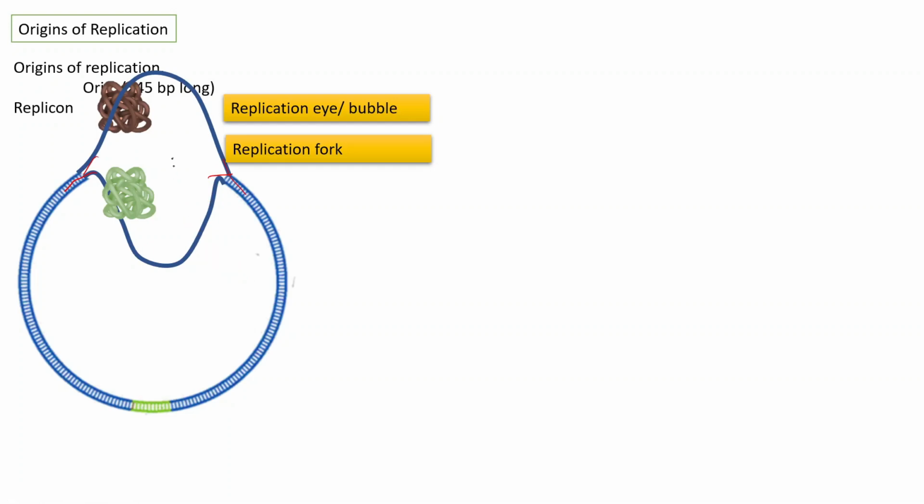So because of that reason, when two daughter strands start to form here, the daughter strand's 3' end will face towards this replication fork, while if we take the case of the other DNA strand, its 5' end will face towards this replication fork, because the orientation of two strands is always opposite or anti-parallel. Is it clear?